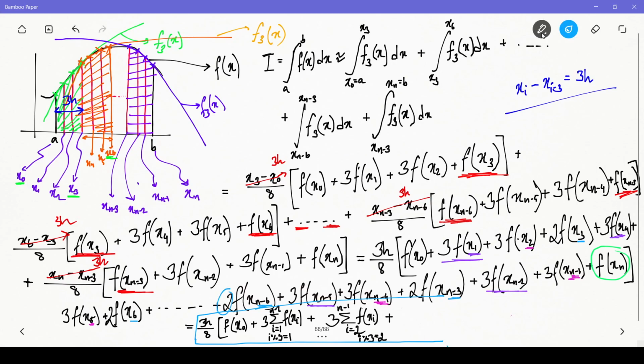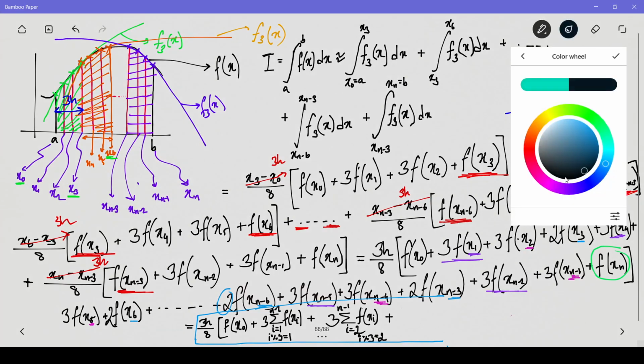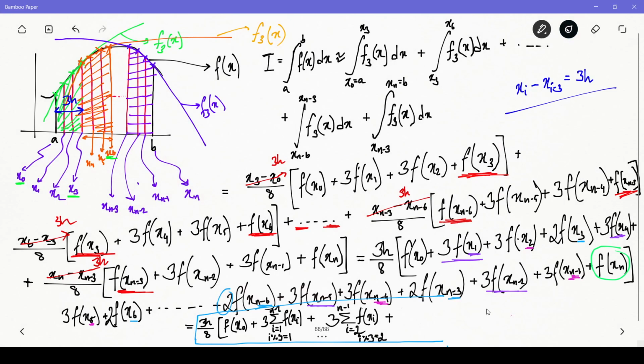Fine. So to show it more explicitly, let me write down the modulus values just like before for the sake of consistency. We know 3 mod 3 is 0. We know 6 mod 3 is 0. We know n minus 6 mod 3 is 0. So why is that the case? We know the original value of n to be a multiple of 3.